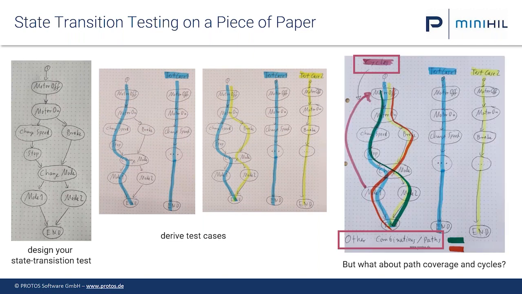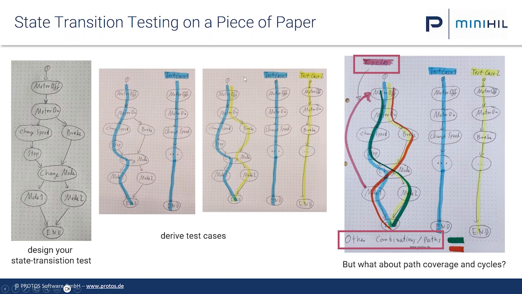So for example, if you increase the coverage now, you need, for example, this green path here, change speed versus mode 2, and the red path, brake versus mode 1. And if you go back, if you have cycles, you need even more test cases to cover this. So the green, the blue and the green test case are not sufficient to do that.